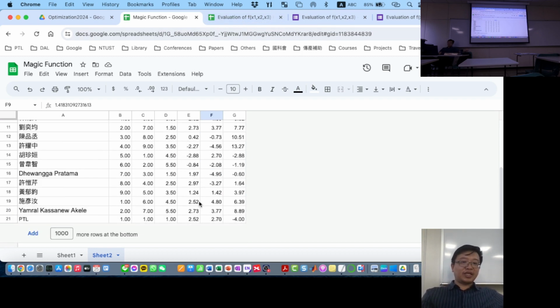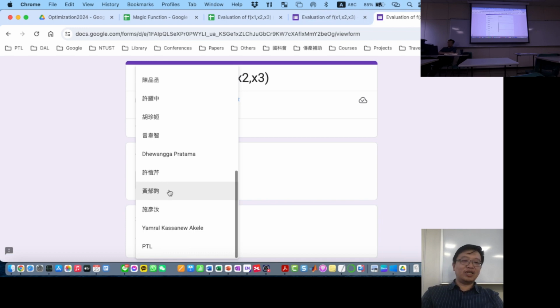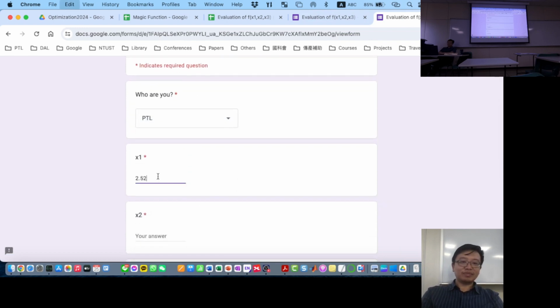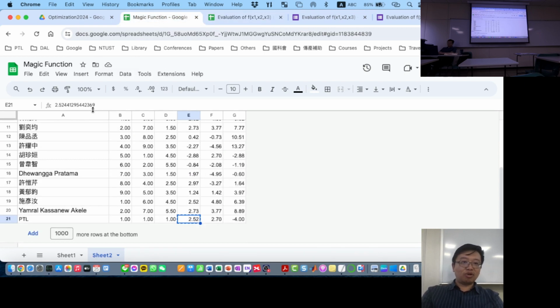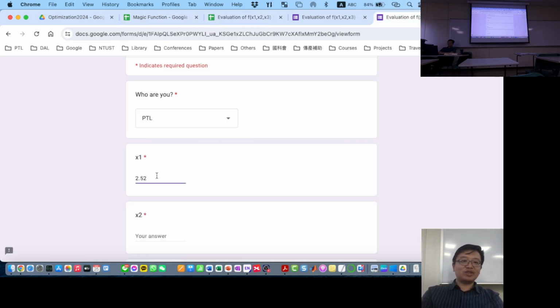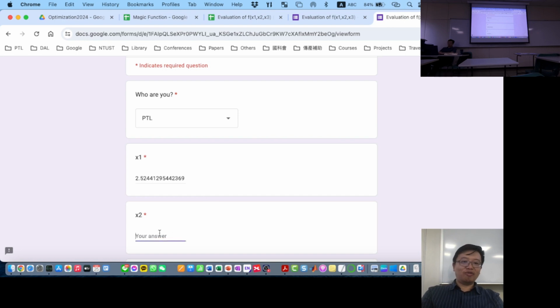So take myself as an example. The true solution of my random function is these, okay? So if I try these as an input, of course only I know, right? But if I truly try those as an input, let's see what would be the response. I actually want more digits. Let me put in the real solution into the Google form.